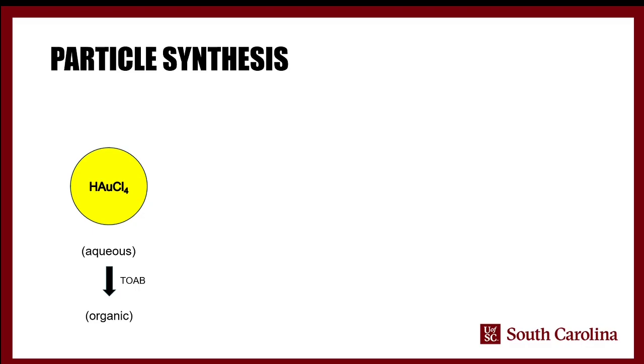If you're working in aqueous phase, nanoparticle synthesis is very easy. There are literally hundreds, if not thousands, of papers on nanoparticle synthesis of any number of metals in aqueous phase. And that allows you also to use a lot of different ligands.